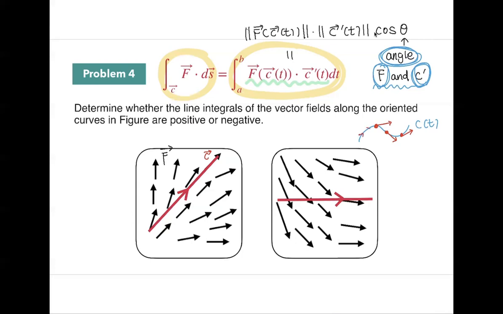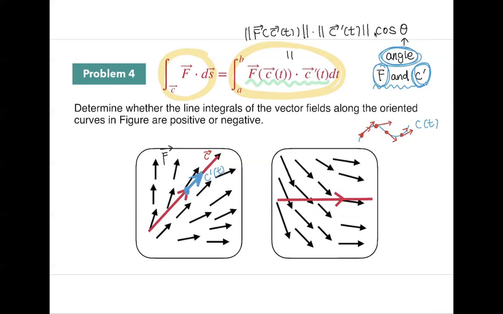So if the curve goes in this direction, then the tangent vector at this point is given like this. Okay, so in our first figure, if we fix one point here, then you can see that the curve goes like this. So the tangent vector at this point is given like this. This is the tangent vector c prime of t.